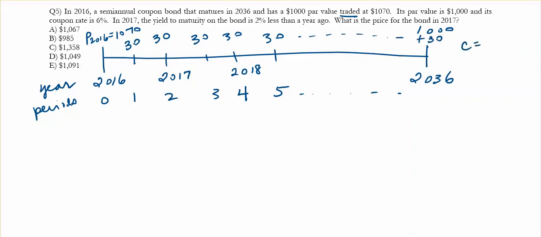Again, the way you find the coupon is the par value times 6% coupon rate split in half. So I got the 30. Now, let me also put in the maturity. So we have 20 years passing semi-annual, so the total of 40 periods.